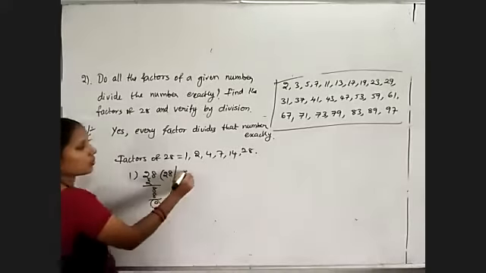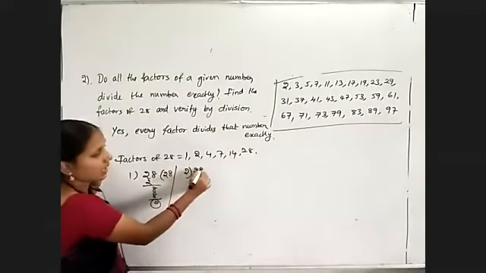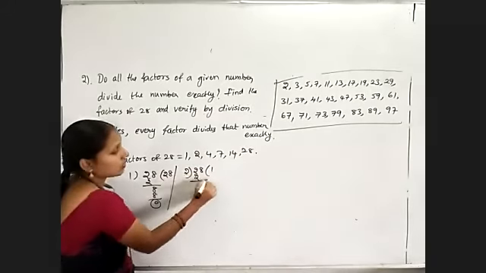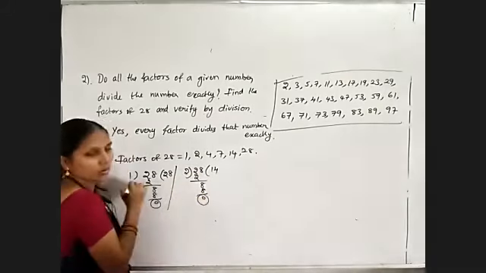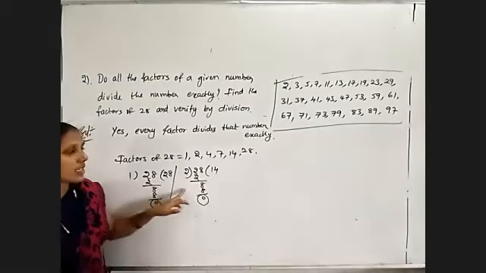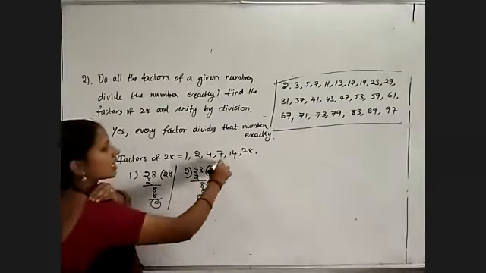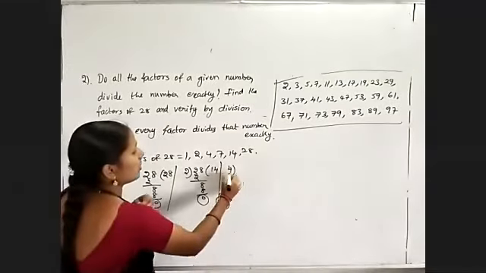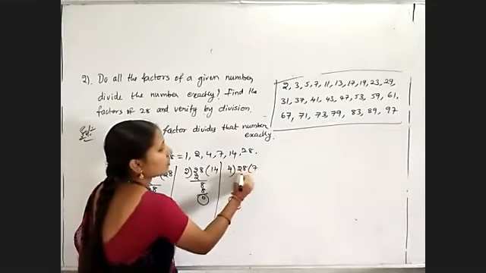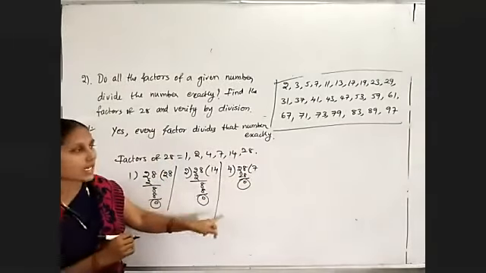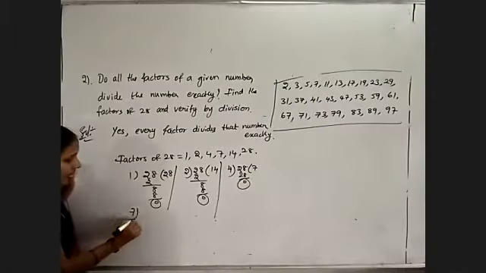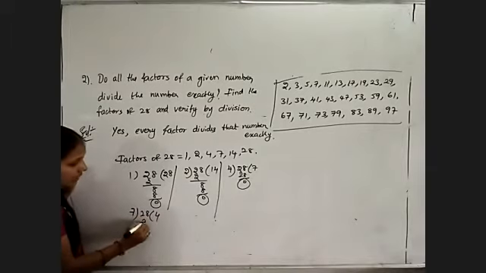Now coming to 2. 2 and 28. 2 ones are 2. Take down 8. 2 fours are 8. Remainder is 0. So 2 divides 28 exactly. Coming to 4. 4 sevens are 28. Remainder is 0. So 4 also divides 28 exactly. Then 7. 7 fours are 28.